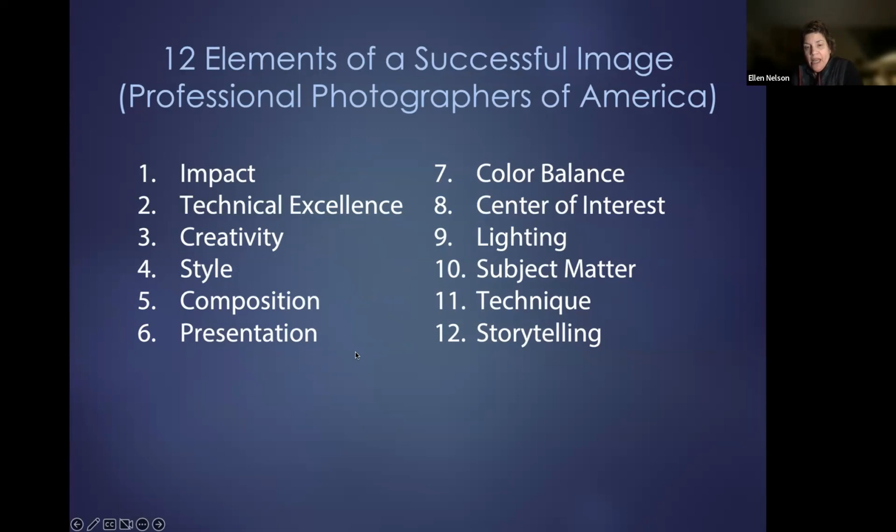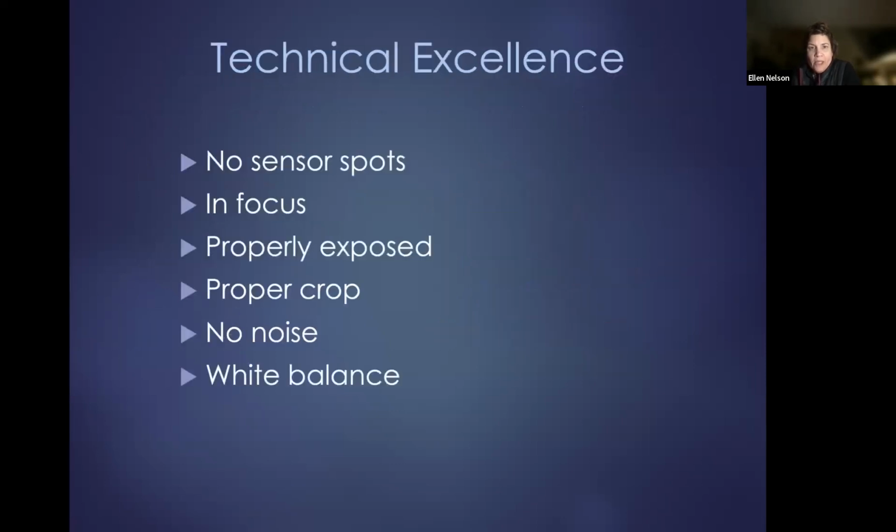Some of these have to do with titling, such as impact, the center of interest, and storytelling. So those are the things that we're going to be working on today.